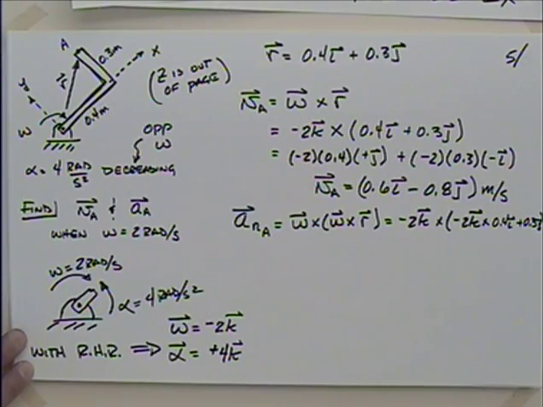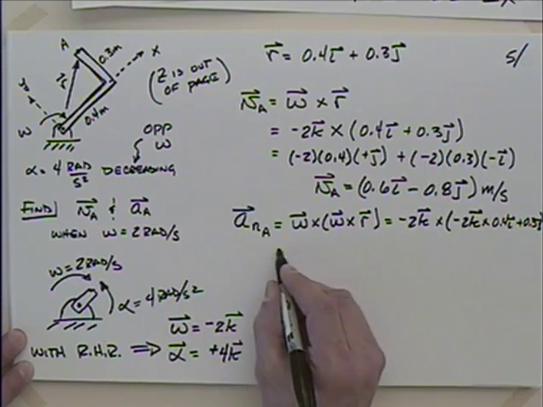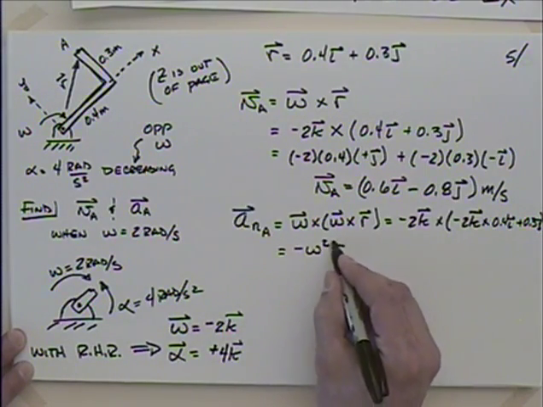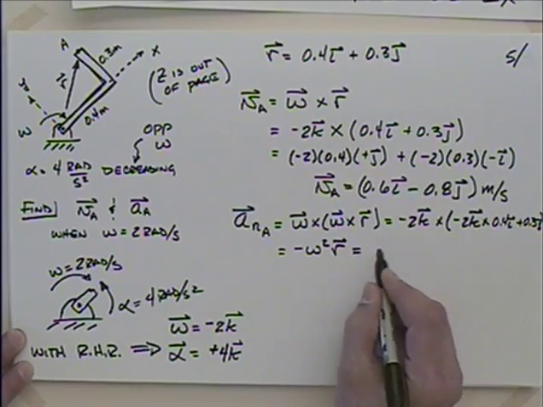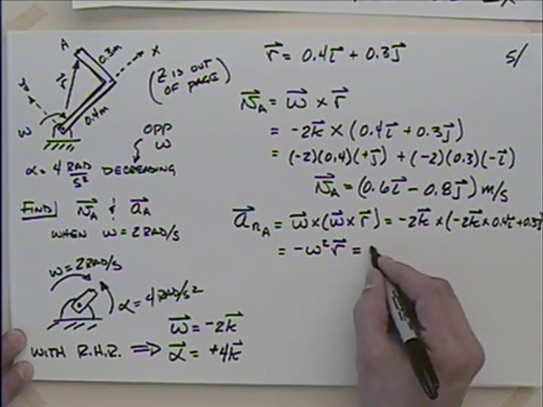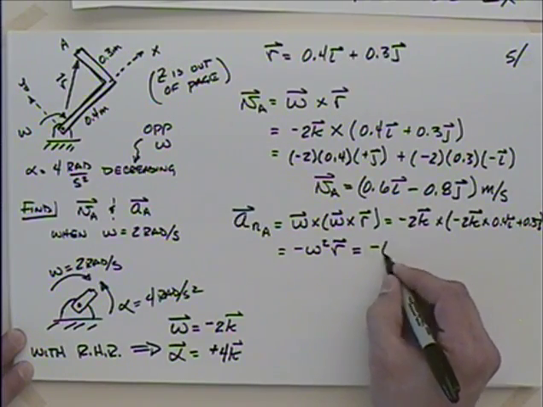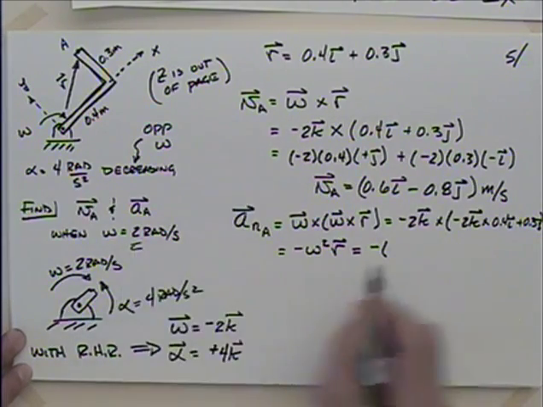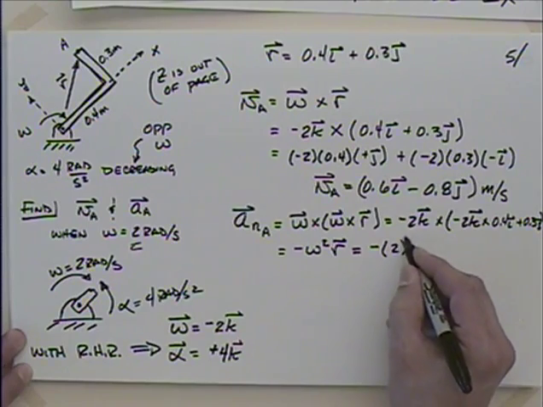What would be a quicker way to do that? Minus omega squared times r, right? So I'm going to end up with what? Minus, and then what's omega? The magnitude of omega is 2, so I'm going to have 2 squared.